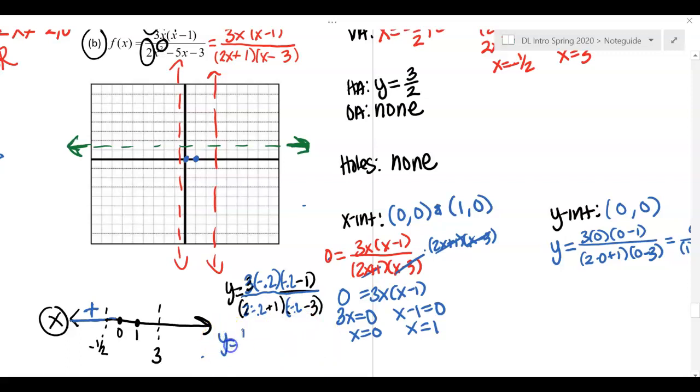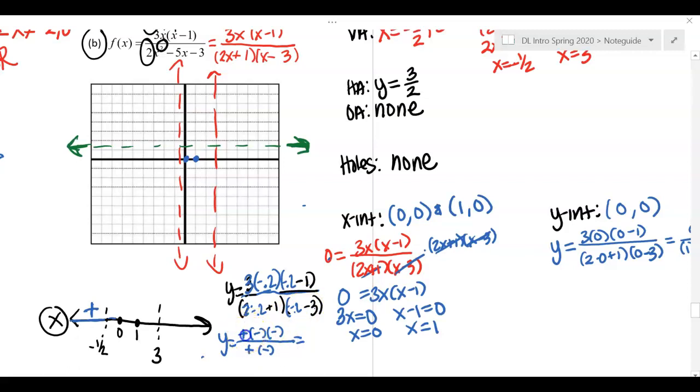So the 3 is always positive, -0.2 is negative, -0.2 minus 1 is still negative. 2 times -0.2 is -0.4, plus 1 would actually be a positive, and -0.2 minus 3 will be a negative.